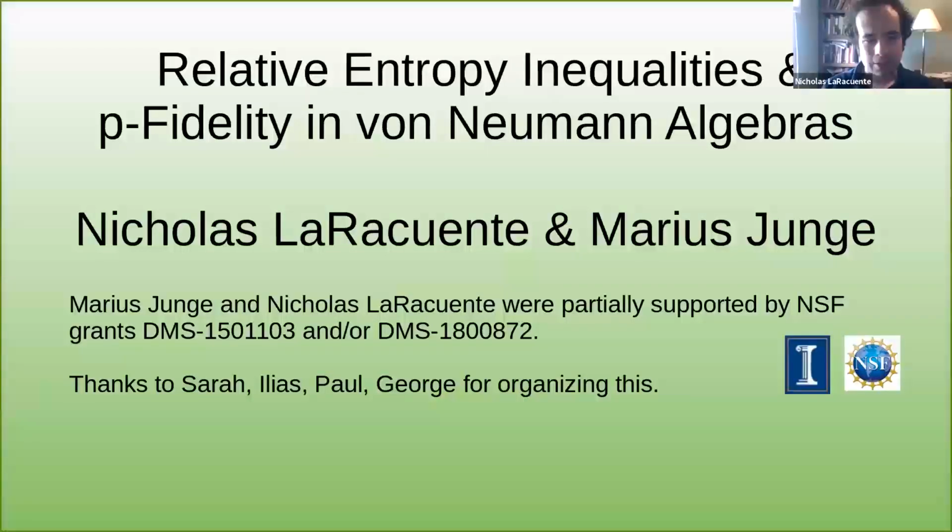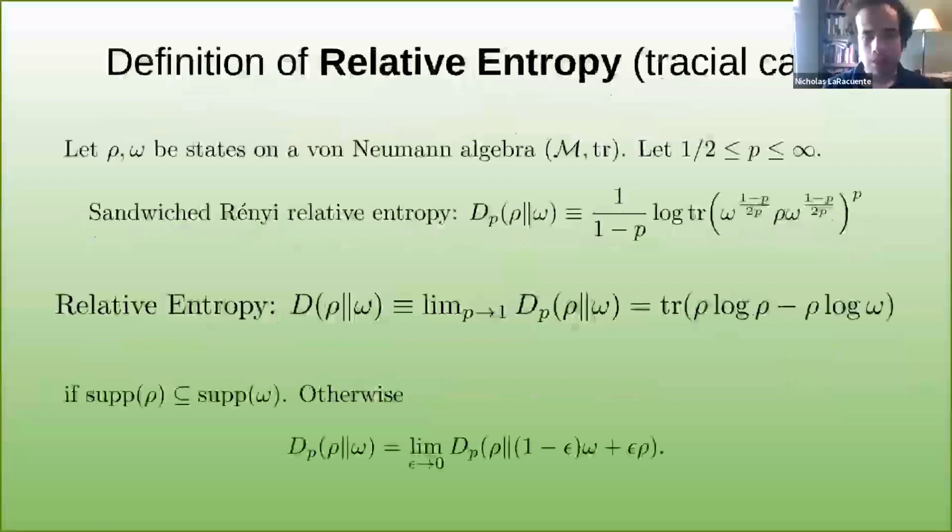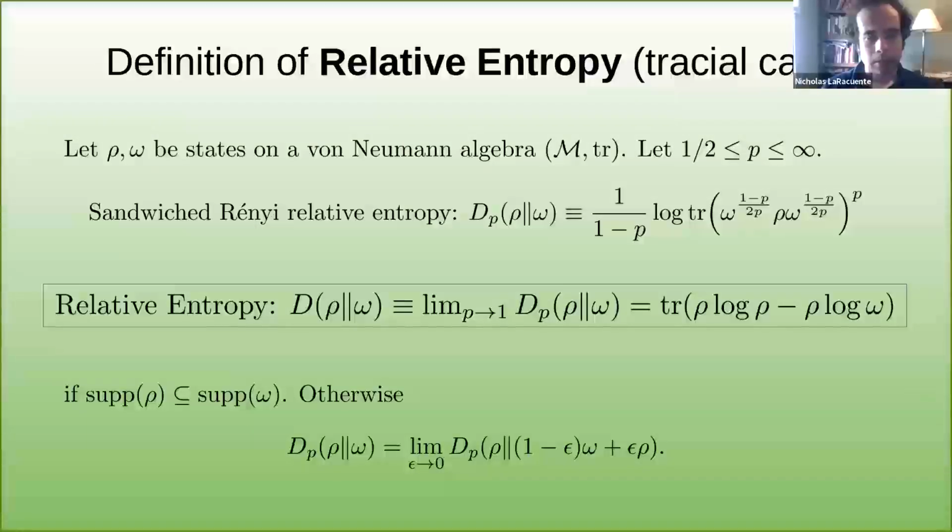And then I'd like to define relative entropy. This is a quantity defined between two states of a von Neumann algebra. In this case, I'll start by defining what we call the sandwiched Rényi relative entropy, which is this D_p of rho relative to omega.